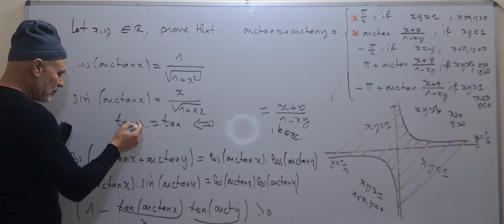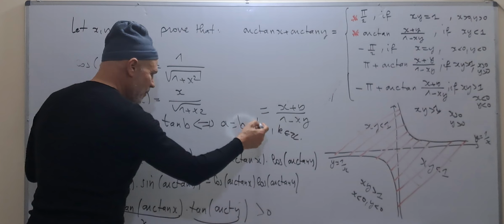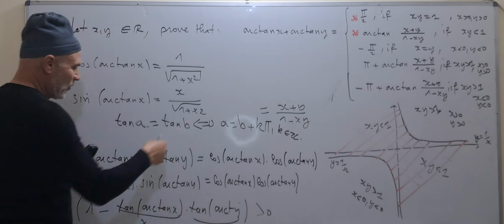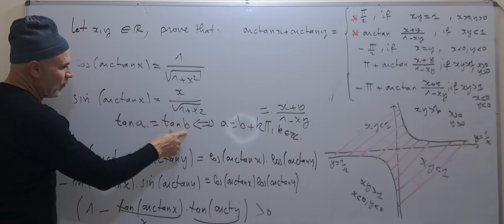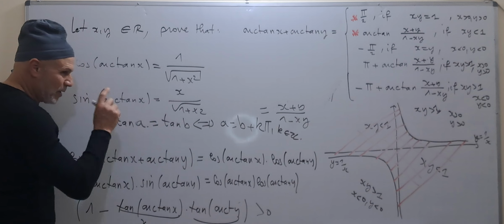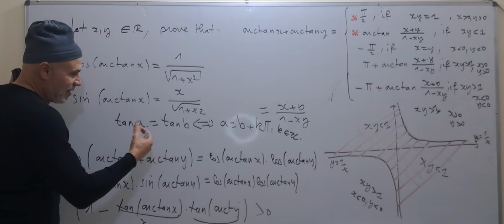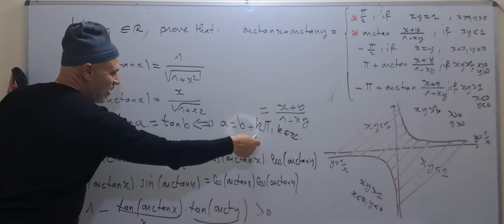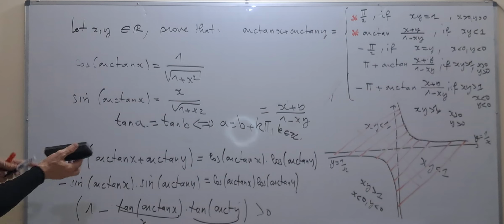A and b, this proves that this is plus k pi. So if the tangent of A is equal to the tangent of B, we have this. But since A and B, both of them are between minus pi over 2 and pi over 2, I repeat constantly these important phrases, this means that k is equal to 0 and our equation is true.